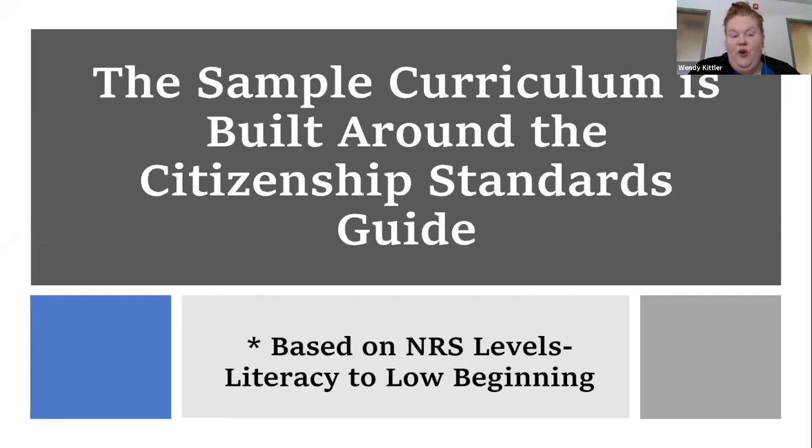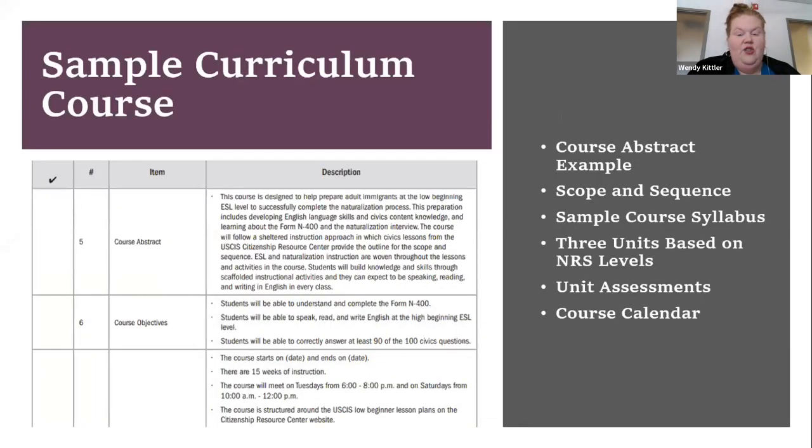This sample curriculum is built around the citizenship standards that we just looked at, and they are based on NRS levels, literacy to low beginning. This is a screenshot of the sample curriculum course, specifically the course abstract.